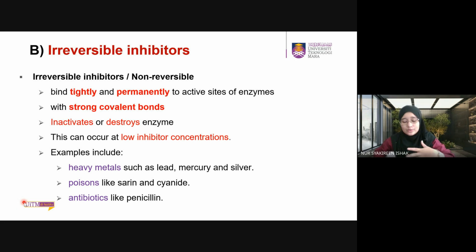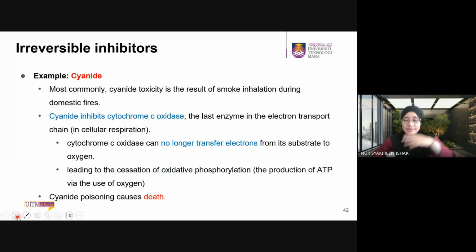The enzyme cannot function altogether. It destroys the enzyme. So the effect is permanent. Reversible inhibitors fall into two types, competitive or non-competitive. As long as the inhibitor binds to the active site, it causes the enzyme activity to be inhibited.